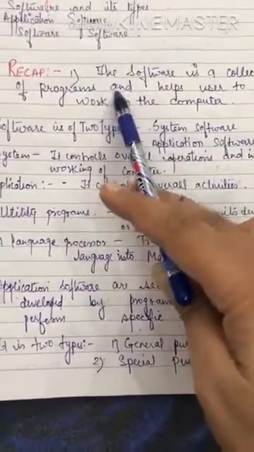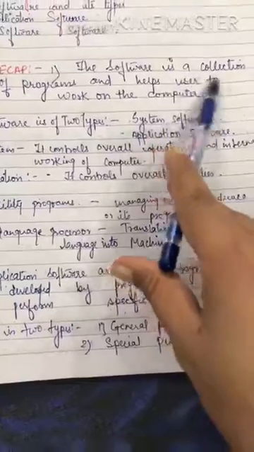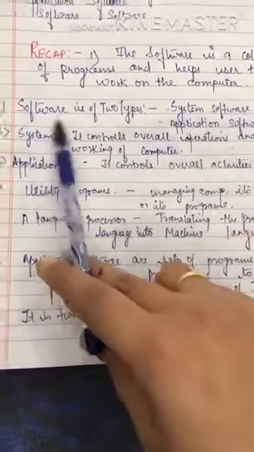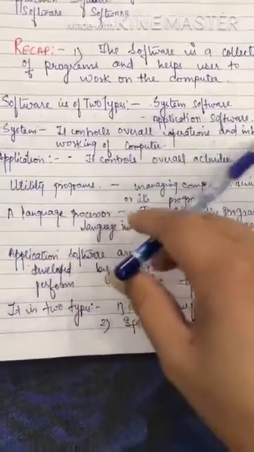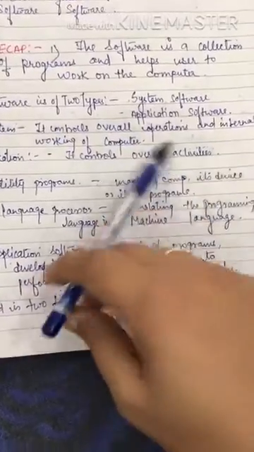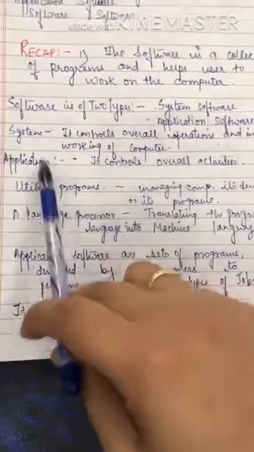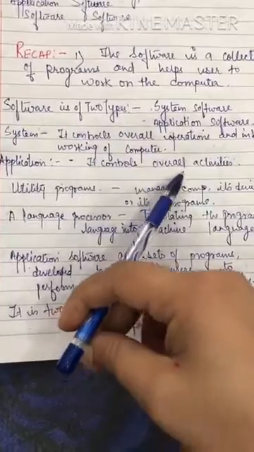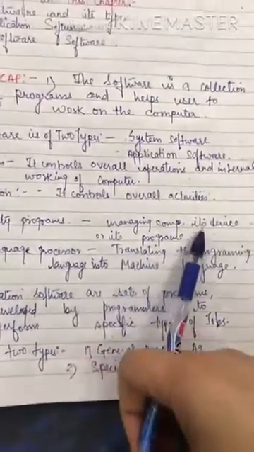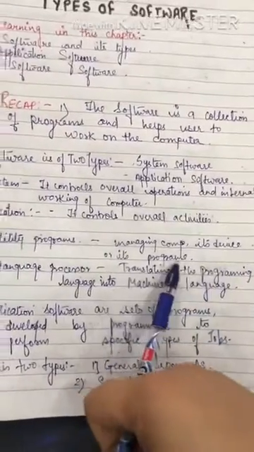In this chapter, what we learned is that software is a collection of programs and helps users to work on the computer. Software is of two types: system software and application software. System software controls the overall operations and internal working of the computer. Application software controls overall activities. Utility programs manage computers, their devices or their programs.